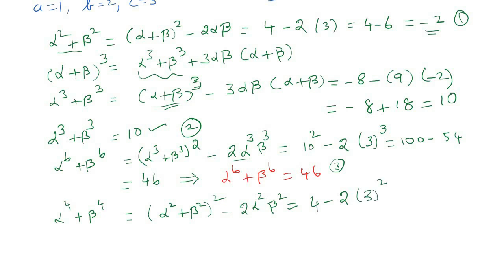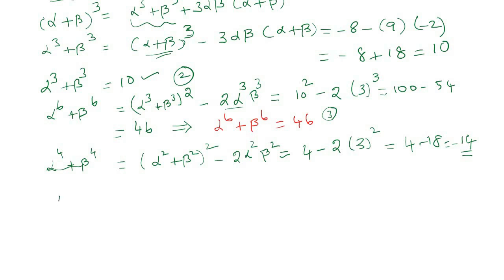Okay, this is equal to 4 minus 9 into 2, 18, so minus 18, therefore this is minus 14. Please remember that. So alpha to the power of 4 plus beta to the power of 4 is minus 14.